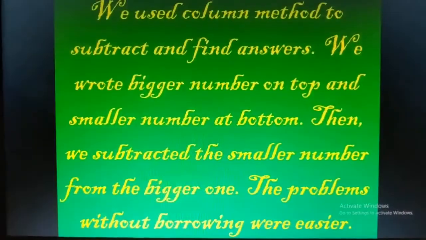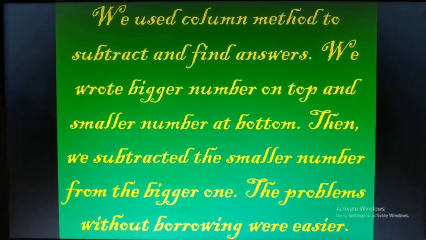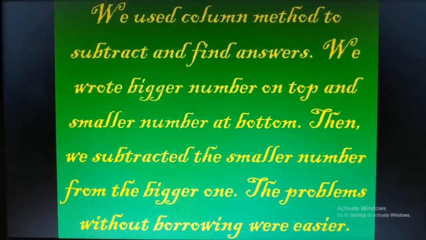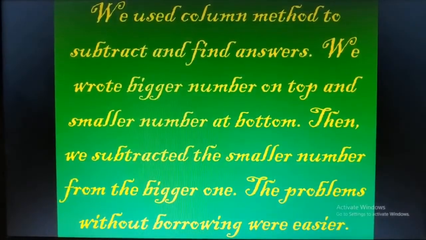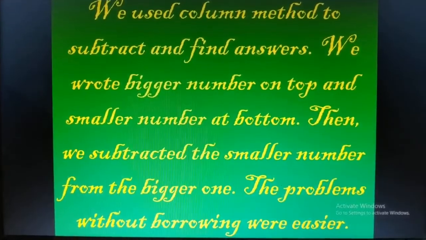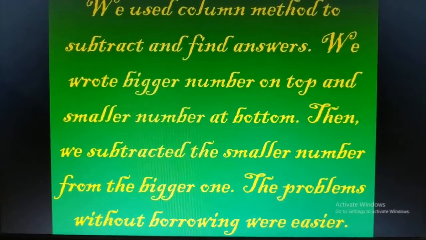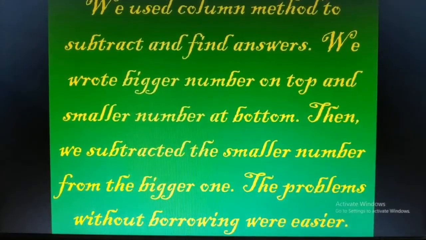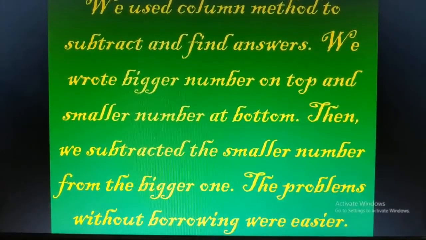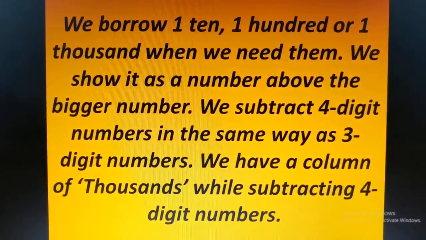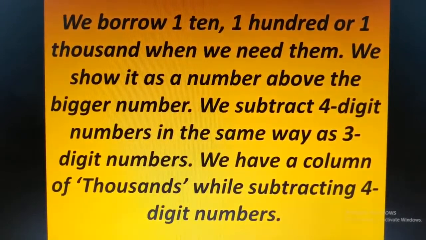We used the column method to subtract and find answers. We wrote the bigger number on top and the smaller number at the bottom. Then we subtracted the smaller number from the bigger one. The problems without borrowing were easier. We borrow 10, 100 or 1000 when we need them.